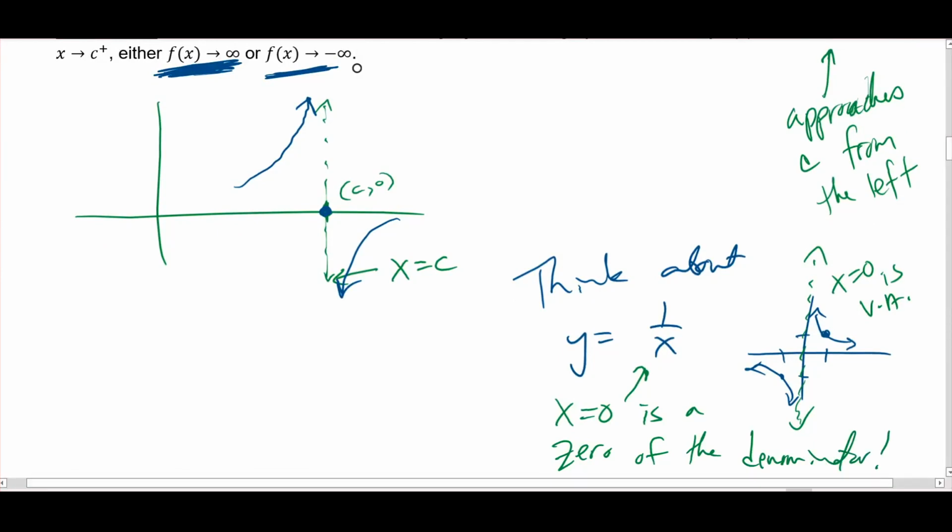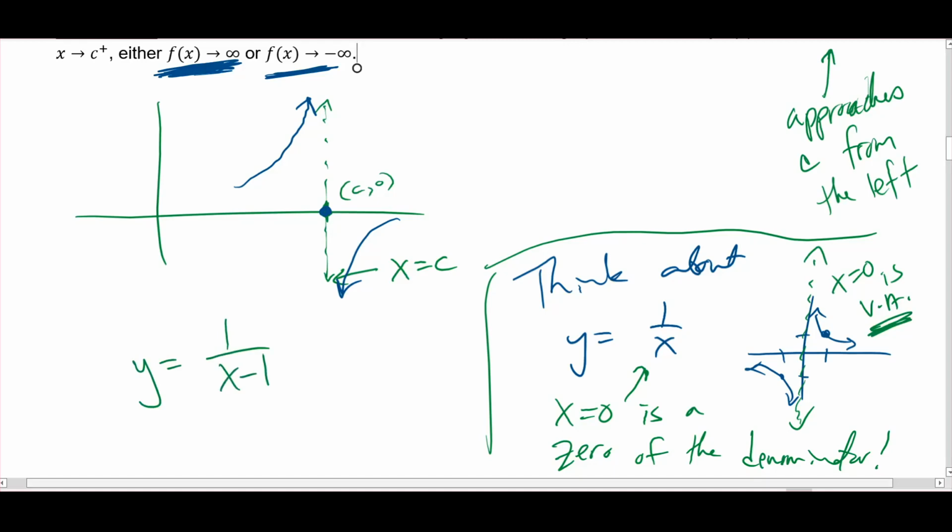So what we can take away from this, putting together what we already know, is it sure looks like if I have a 0 of a denominator, that's going to be a vertical asymptote. And think about this with transformations as well, right? If I wanted to draw y equals 1 over x minus 1, that's going to move this graph that we drew on the right, it's going to move it to the right 1 unit, isn't it?